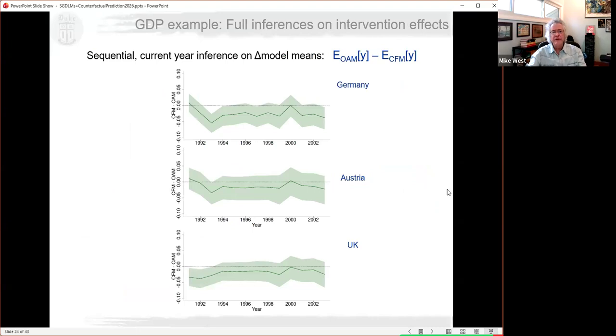So on the formal inference here, in causal inference, it's typical to use the term causal estimand. And it's simply prediction, in my view.